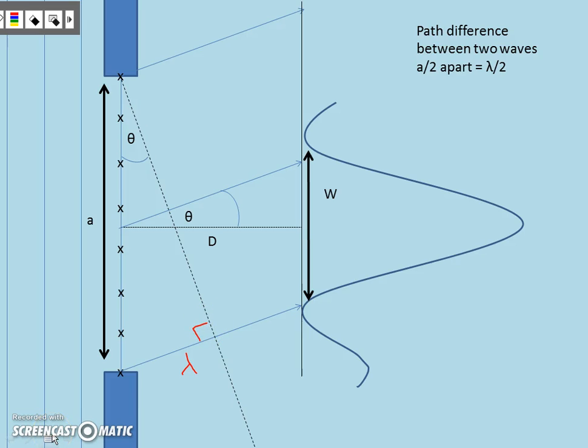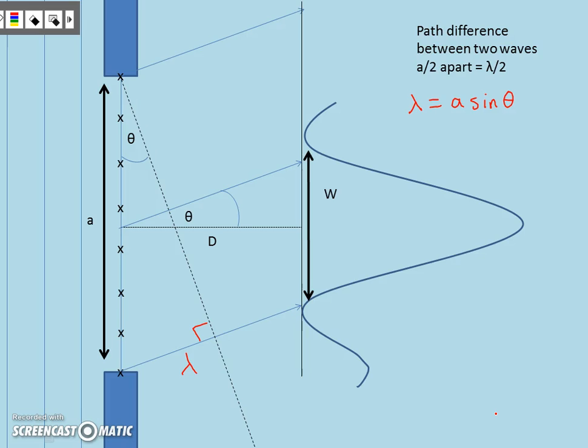From that, we can work out the width of the central maximum. Over here we've got our lambda, so we can give the wavelength in terms of A and theta. The wavelength is going to be A sine theta.